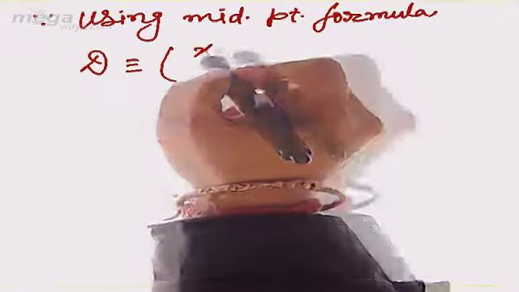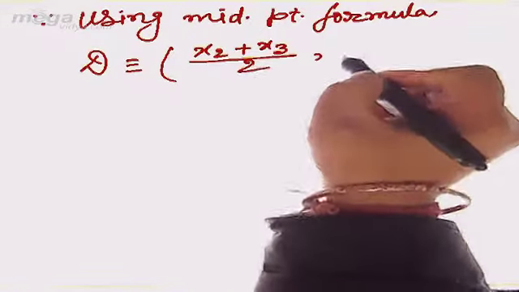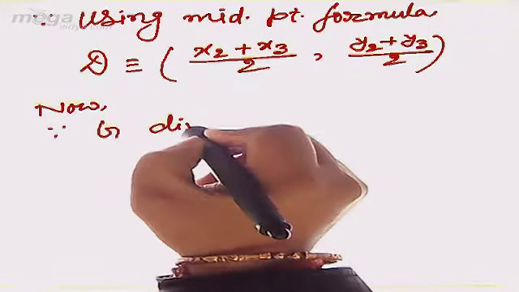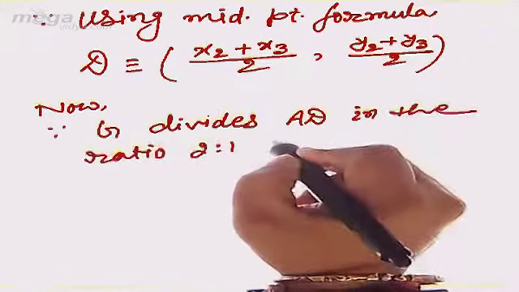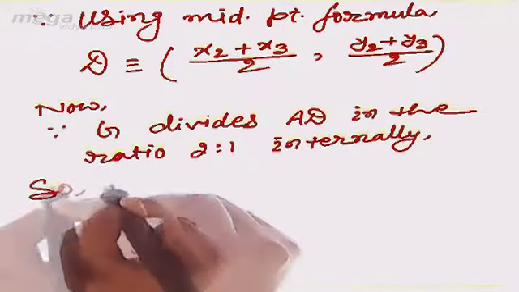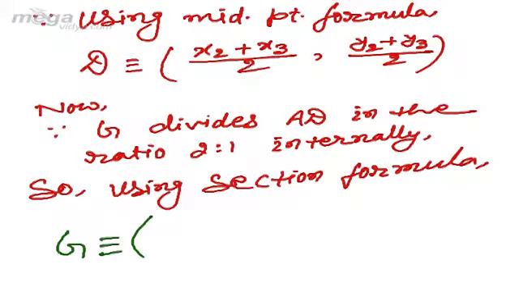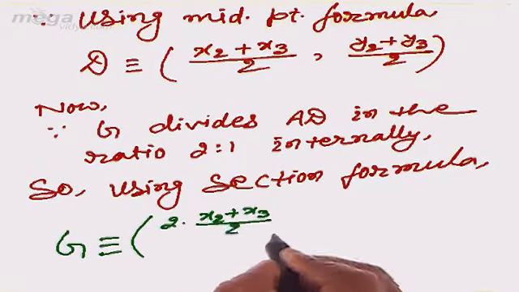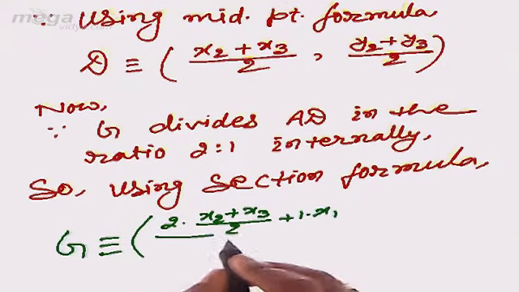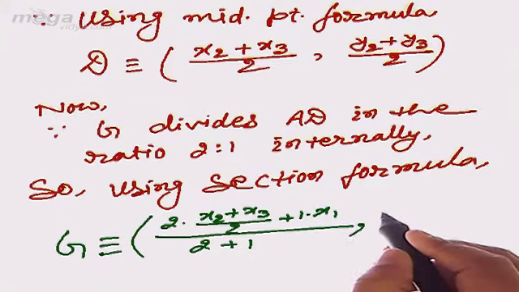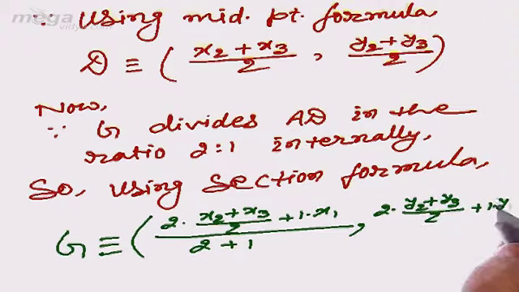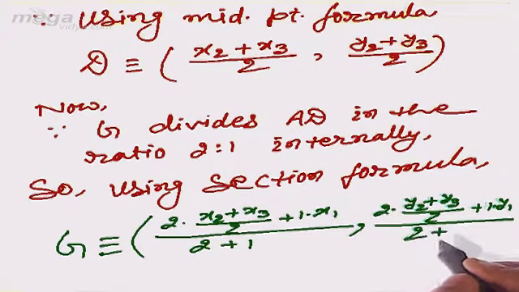So using midpoint formula, coordinate of D will be ((x2 + x3)/2, (y2 + y3)/2). Now since G divides AD in the ratio 2:1 internally, using section formula, you get the coordinate of G as (2·(x2 + x3)/2 + 1·x1)/(2 + 1), (2·(y2 + y3)/2 + 1·y1)/(2 + 1).